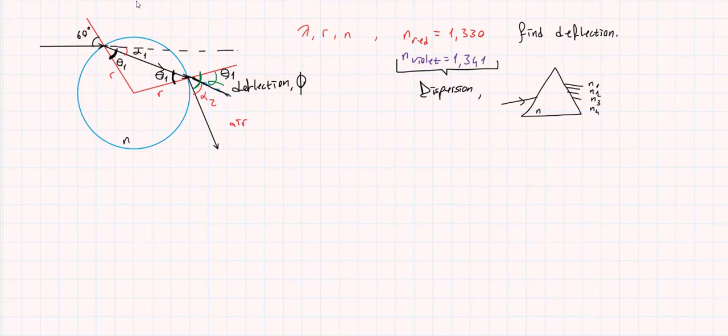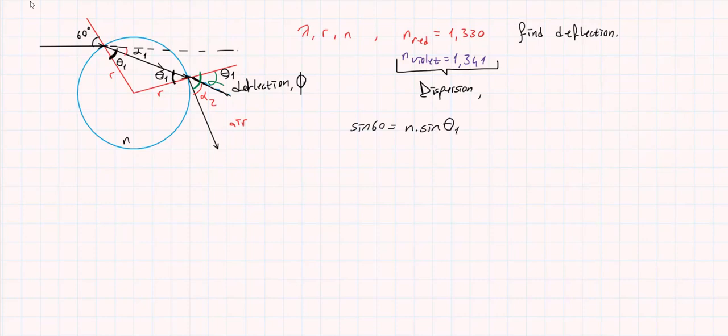Our starting point is again Snell's law. I will write Snell's law for the first refraction interface, from air to raindrop. I will say sine 60, 1 times sine 60, though I will not write the refractive index of air, equals n times sine theta 1.